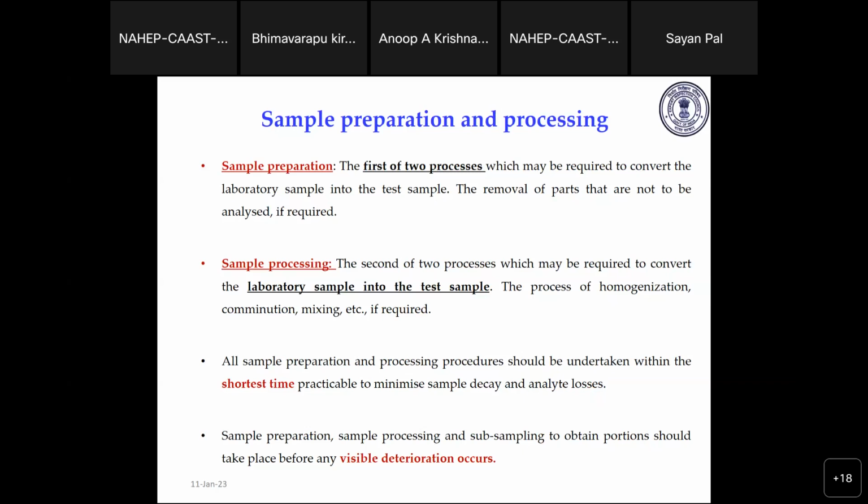But that is not the case ideally, because if you do not do proper homogenization under proper environmental conditions, the target residue in the sample can deteriorate or degrade due to different conditions within the processing. That has to be ensured as a part of the initial part of the analysis or sample processing.